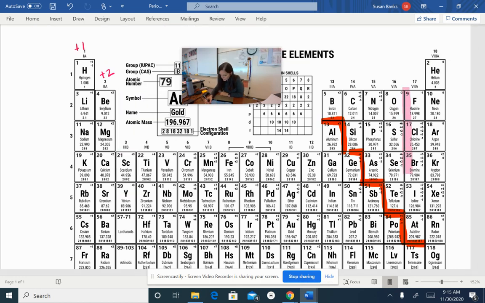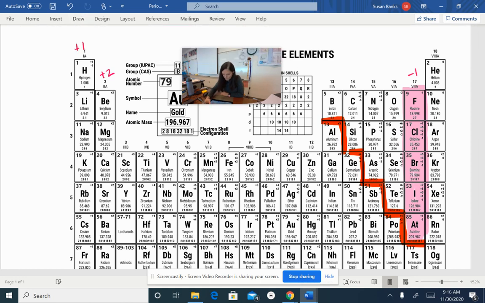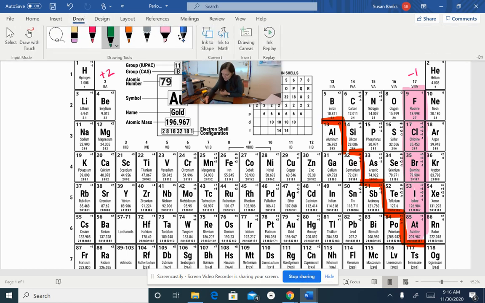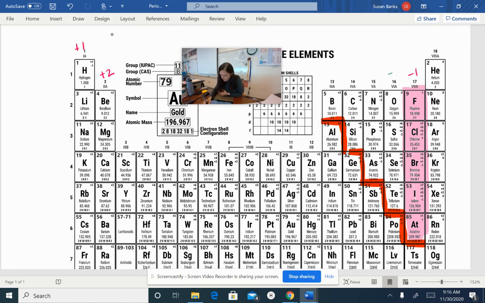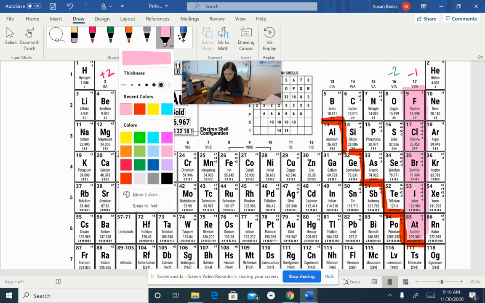The halogens are going to be -1. The oxygen column is going to be -2, but remember, you can't go all the way down on this one.